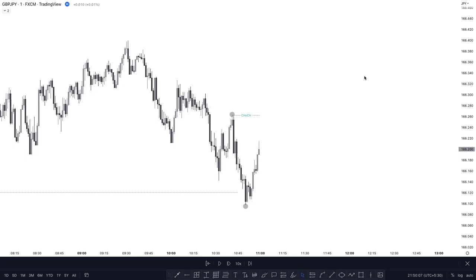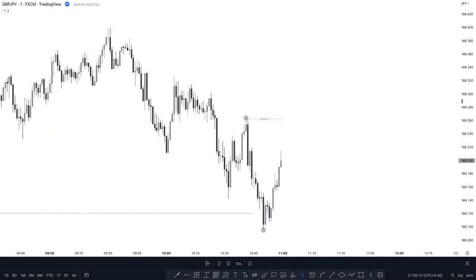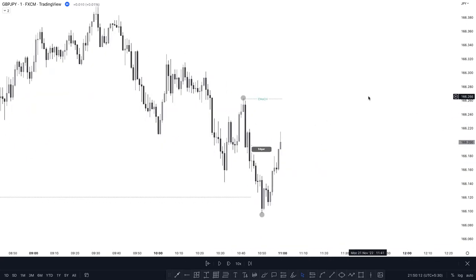Everyone can find where our next pullback is in the slide. Absolutely correct. Perfect. Exactly, because this bearish candle took out the previous bullish candle high, right?